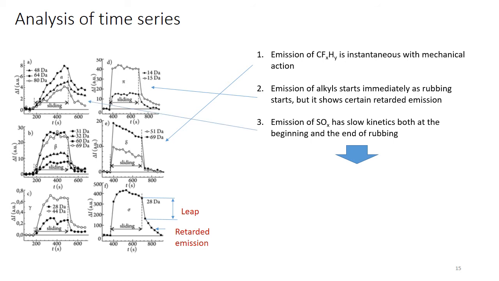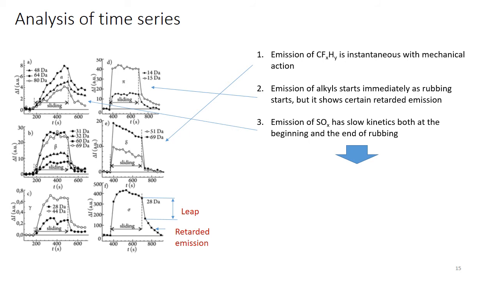And the most interesting case is of this type alpha, which corresponds to sulfur oxides, and you can see it is very slow increase, it's very slow kinetics, and all the same very slow kinetics at the end of rubbing. This is a clear indication that the process of SOx emission is not directly related with rubbing.